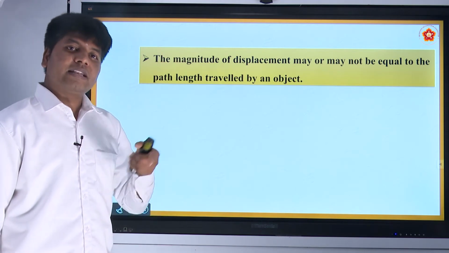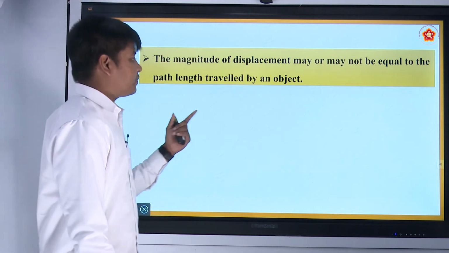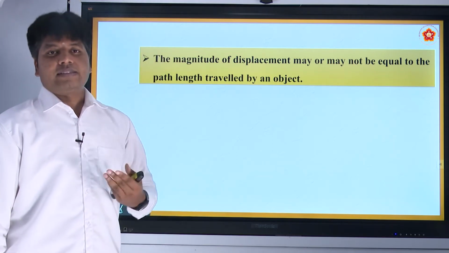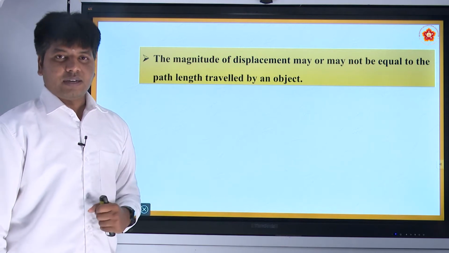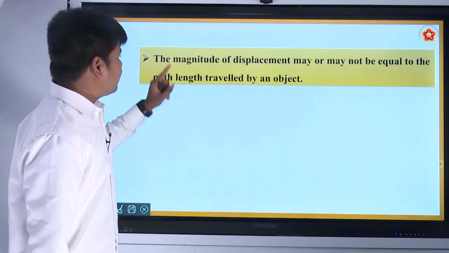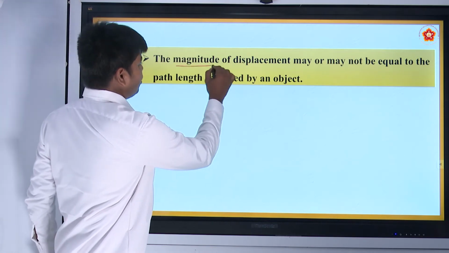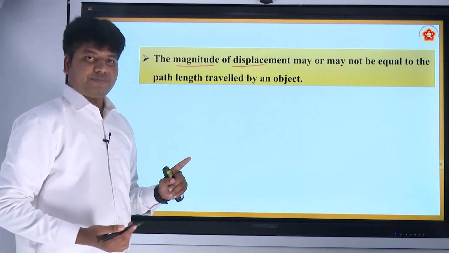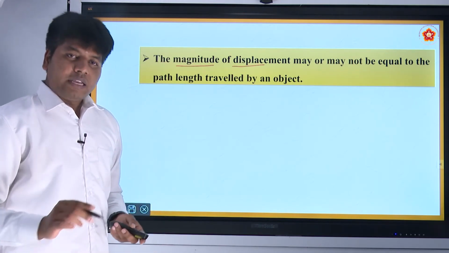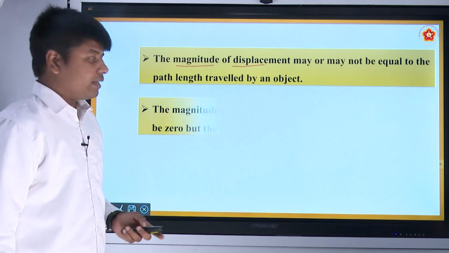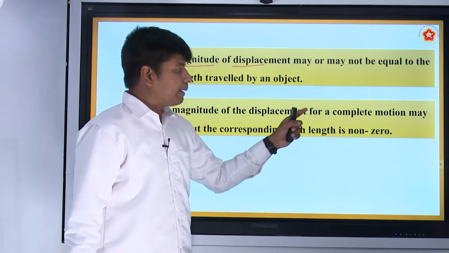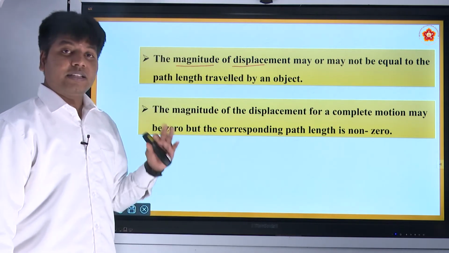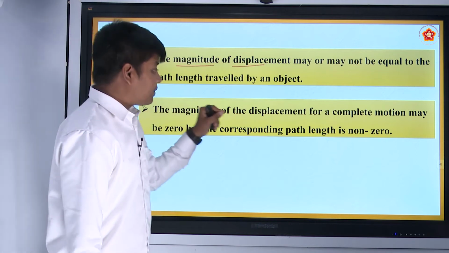But in one of the other cases, displacement is 0. In the other case, displacement is less than the distance. So from there we can see that the value of the displacement may or may not be equal to the path length of the object. In the third case, we have seen the magnitude of displacement for a complete motion.